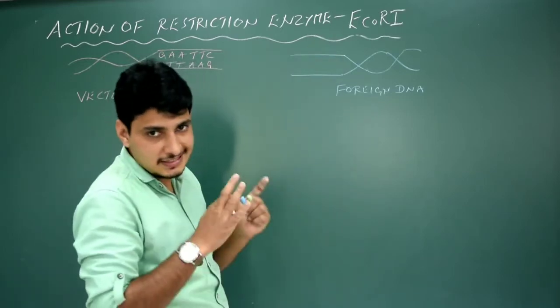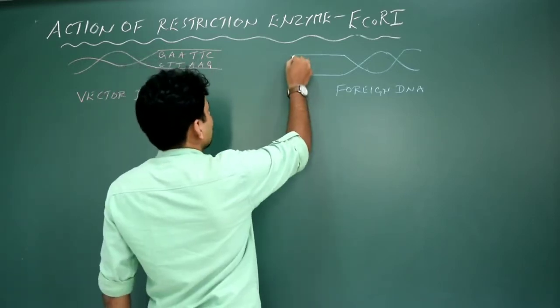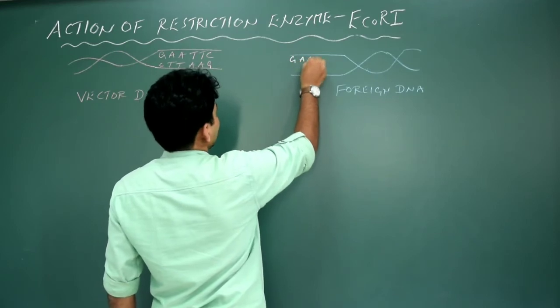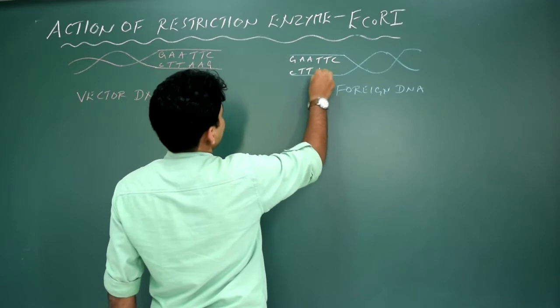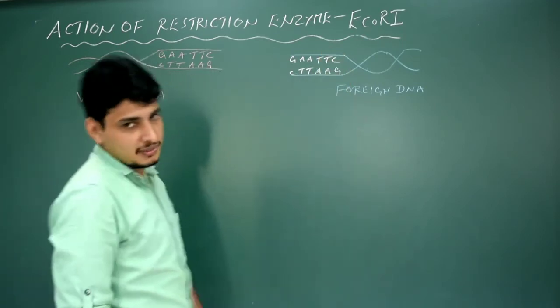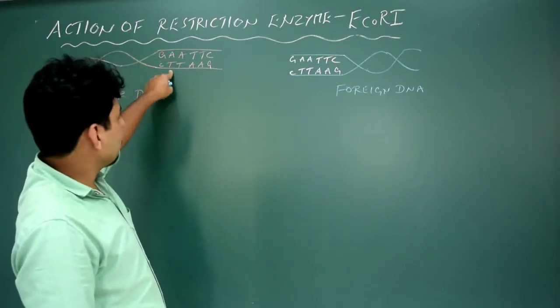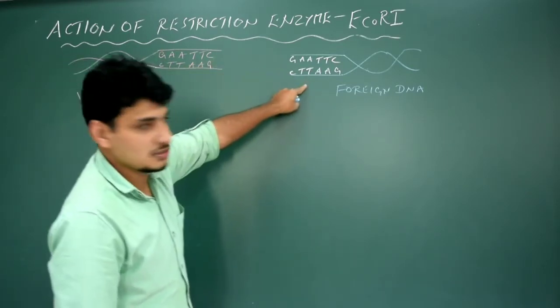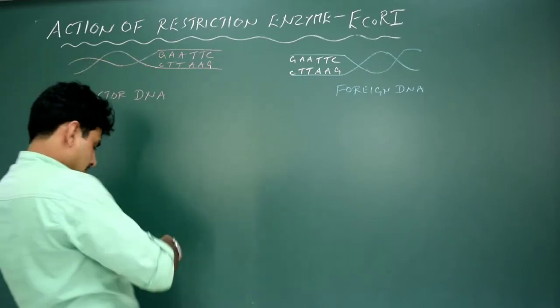I should not change the restriction enzymes according to my wish. So I have to write GAATTC, and CTTAAG, like this. Same sequence. So EcoR1 will identify this sequence present on two different types of DNAs. That's it. So what's going to happen now?